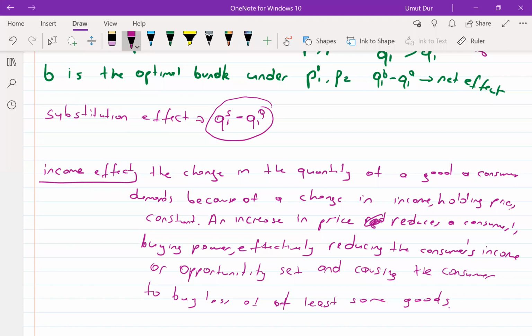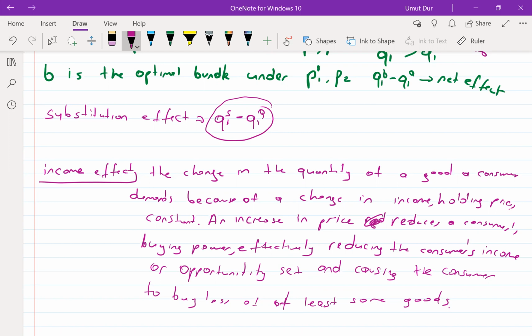If the price decreases, even if your income does not change, more goods, more bundles become affordable for you.